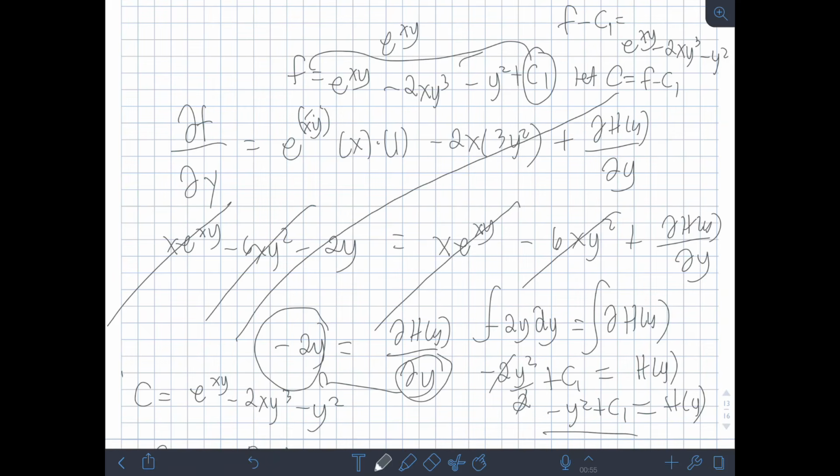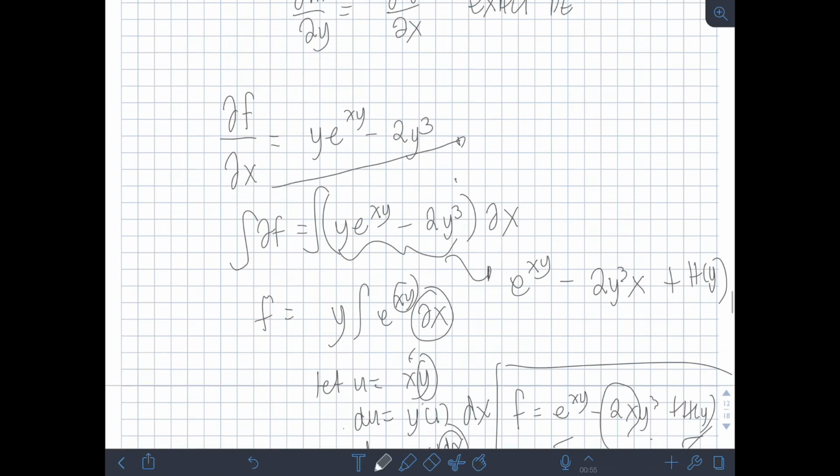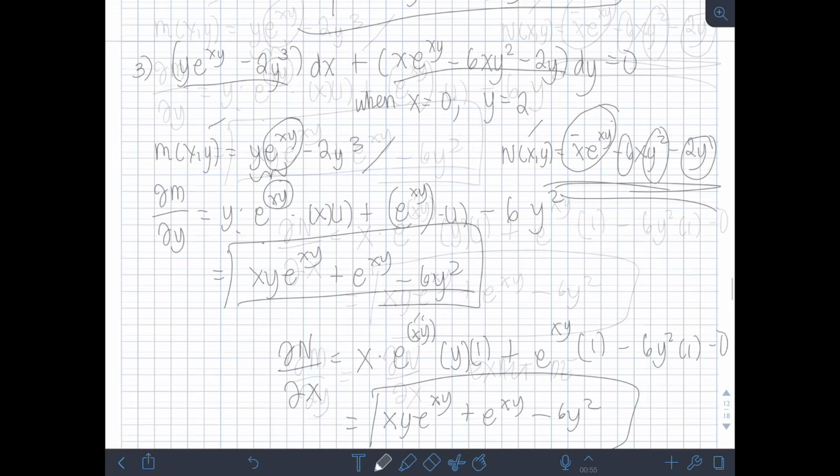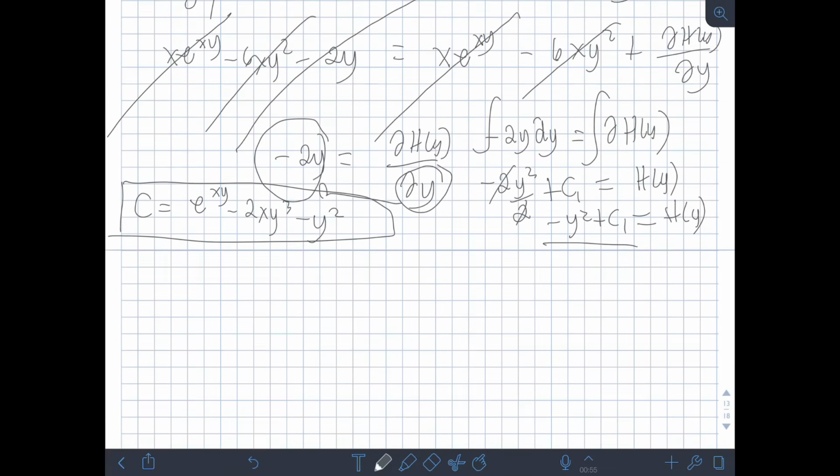Okay? So, this is the general solution. Now, since we have a condition that says when x is equal to 0, y is equal to 2, we can solve for the constant. So, let's substitute. C is equal to e raised to, when x is 0, y is 2, so 0 times 2, minus 2 times x is 0 times y is 2, so 2 cubed, minus y is 2, so 2 squared.